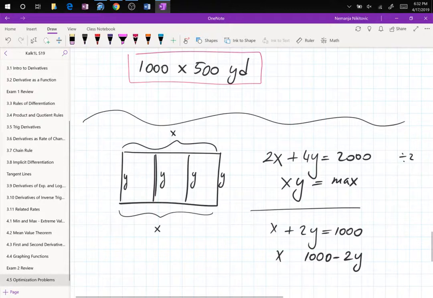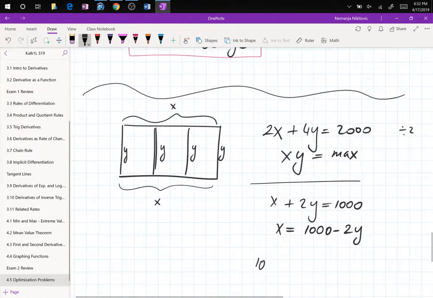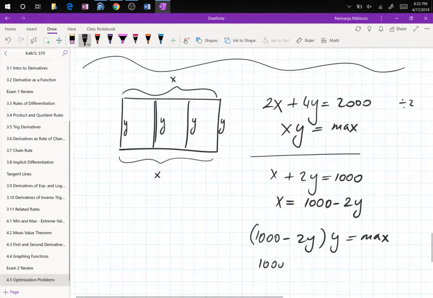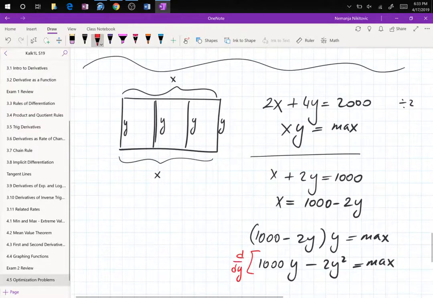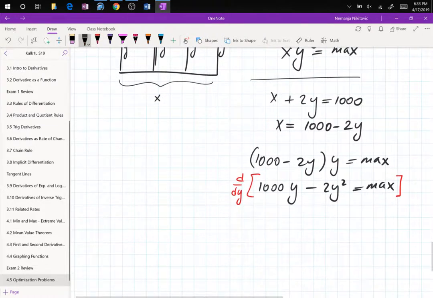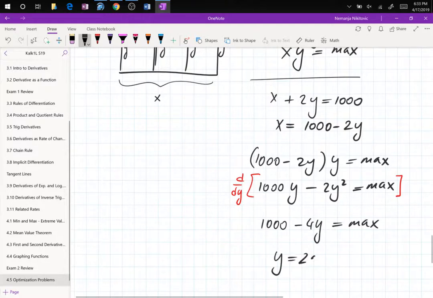Now this is different than the previous example, because the previous example was 2,000 minus 2y, and now it is 1,000 minus 2y. We have 1,000 minus 2y times y equals a max, so 1,000y minus 2y squared equals a max, and then we hit this with a derivative in y, and we have 1,000 minus 4y equals 0, and here's your y, 250 yards.